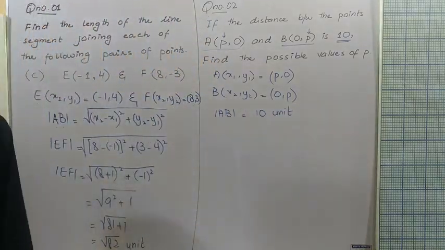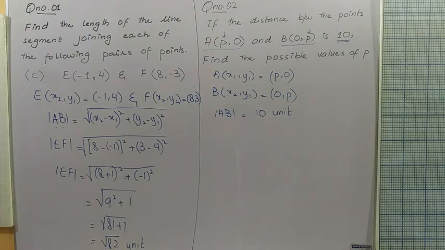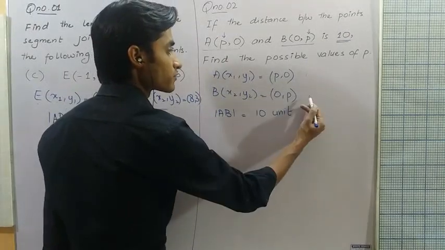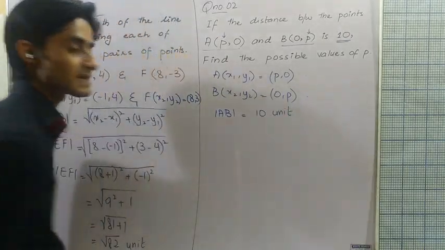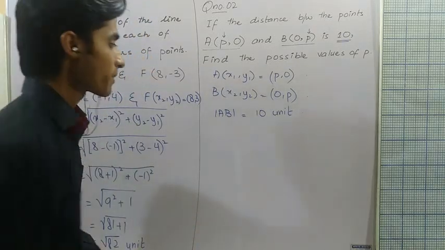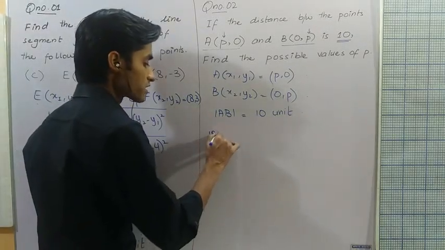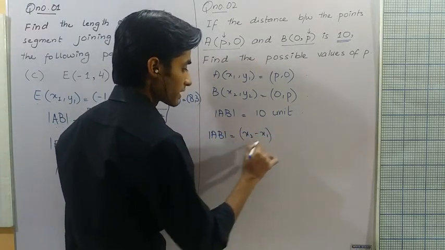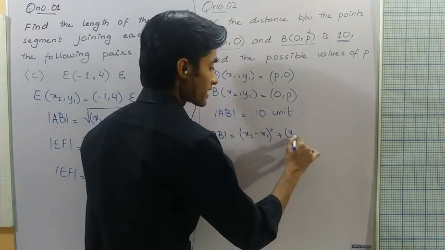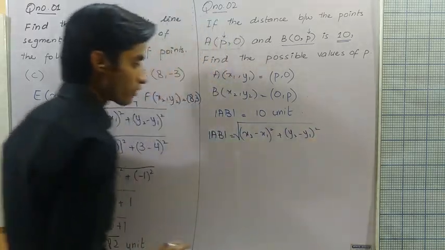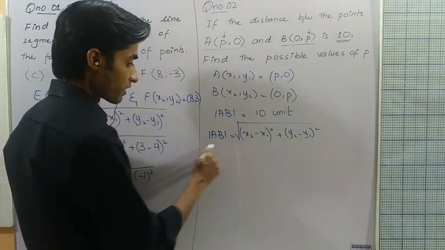I have to find out the values of P, for which I need to construct an equation involving P. Looking at the data, I have the first point, the second point, and the distance. So the formula that is going to help me form an equation is the distance formula. According to the distance formula, AB is equal to the square root of (x2 minus x1) squared plus (y2 minus y1) squared. With the help of this formula, I have an equation in terms of P which I'll be able to solve.